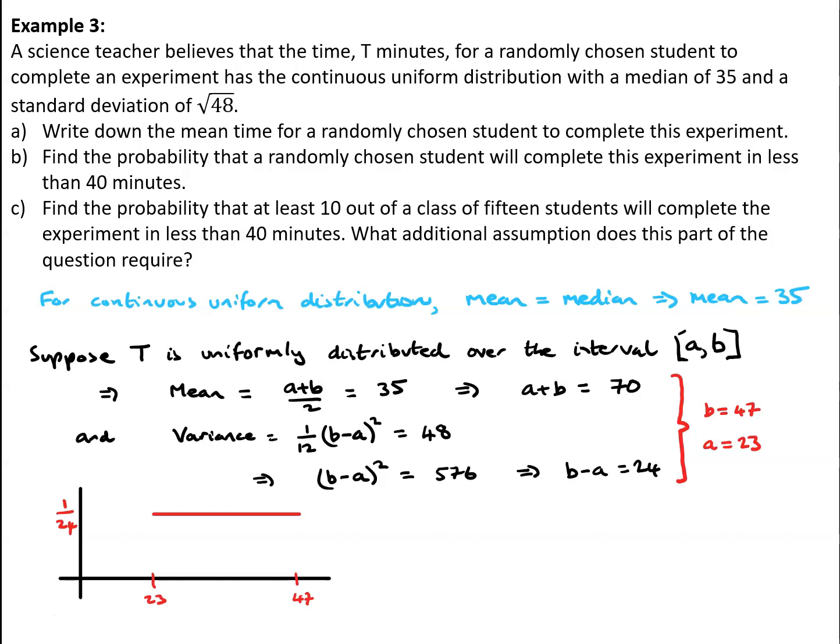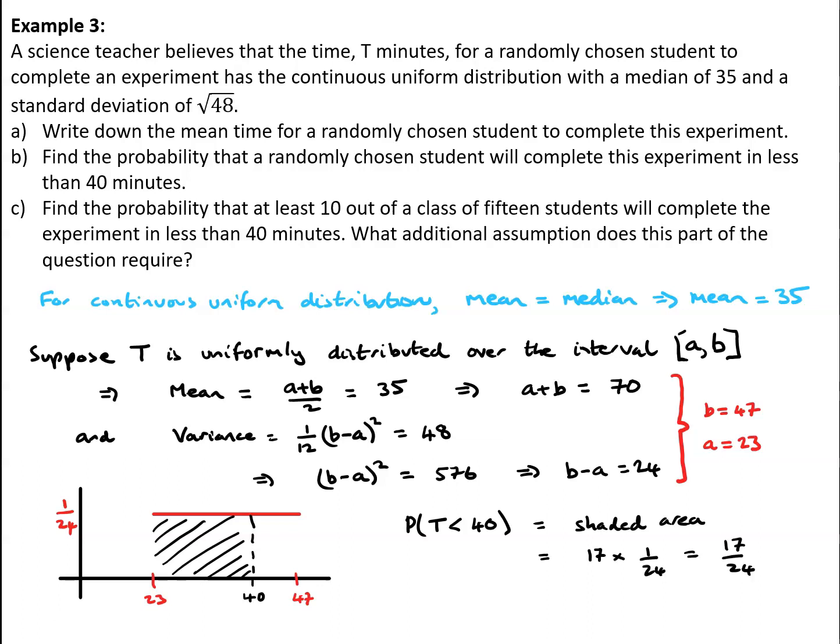That means that we could say that the probability the randomly chosen student will complete this experiment in less than 40 minutes is going to be the shaded area there. Base of that shaded area has width 17. The height is 1/24. So the shaded area is 17 times 1/24, which gives me 17/24.